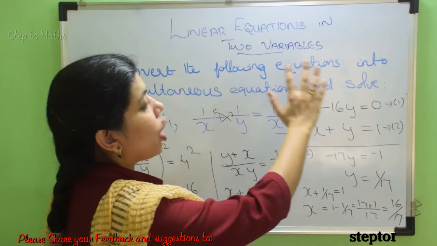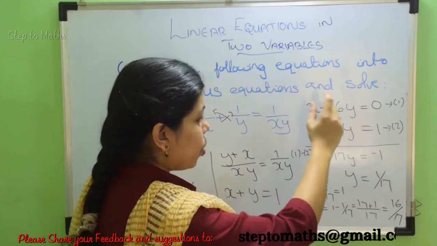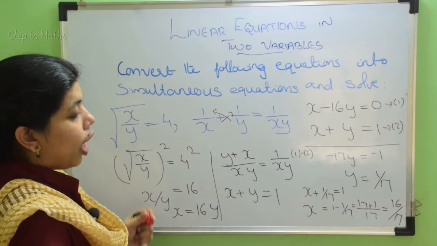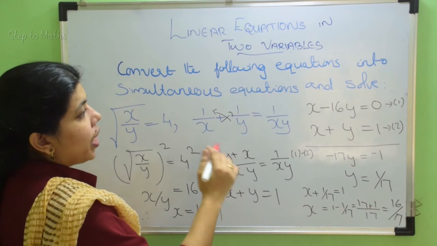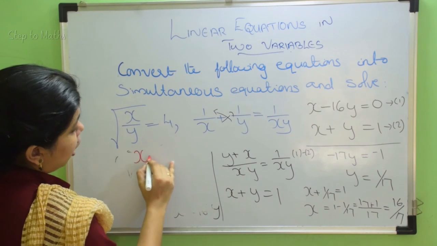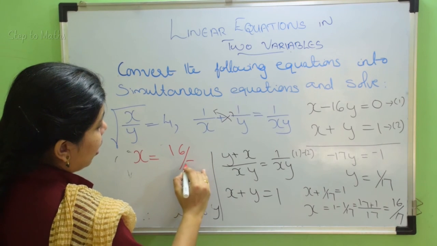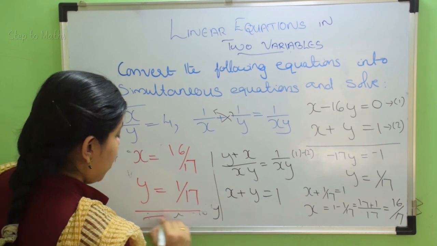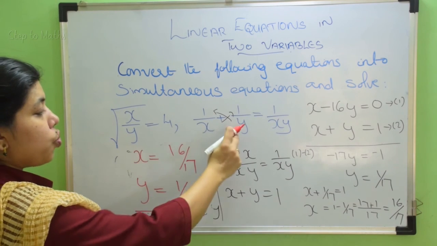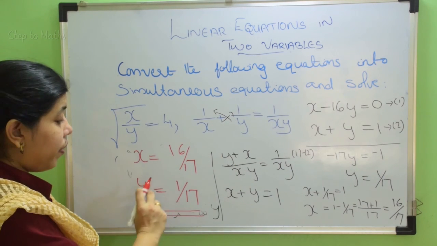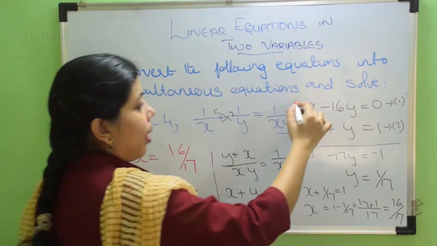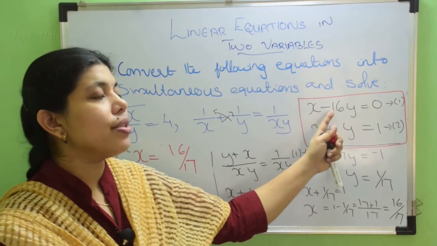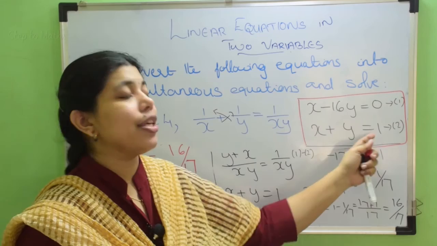After solving the simultaneous equations, we get the values of variables x equal to 16 upon 17 and y equal to 1 upon 17. The solution of these two equations is x equal to 16 upon 17 and y equal to 1 upon 17, and the two given equations are converted as simultaneous equations in the form x minus 16y is equal to 0 and x plus y is equal to 1.